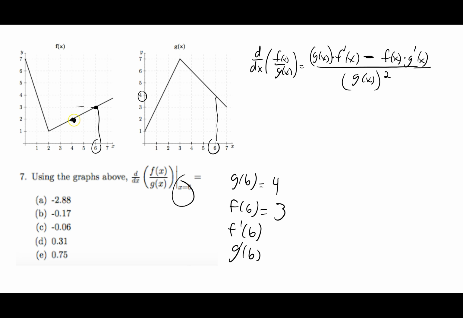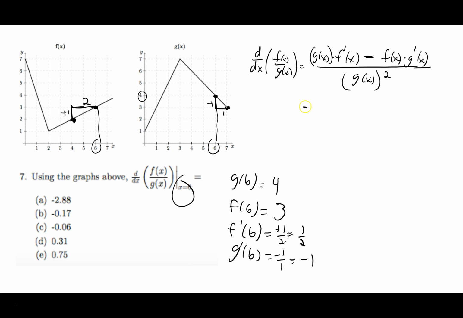And as you move from left to right, you go up 1 and over to the right 2. So that's a half for f prime at 6. For g, find a corner point. And yeah, you go down 1 and over 1. And so that's a negative 1.